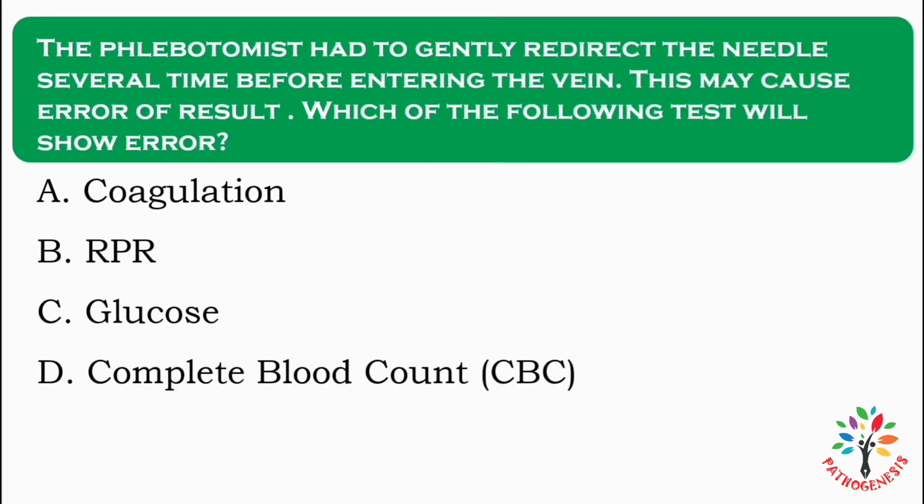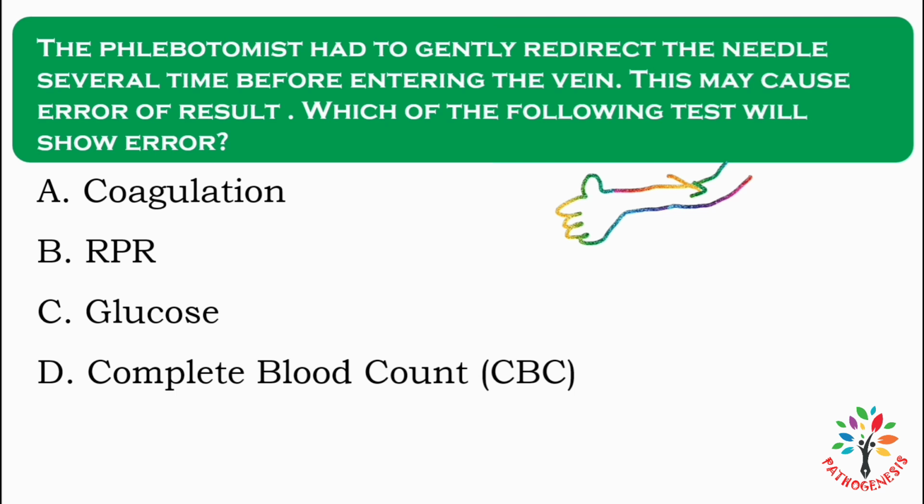Next, the phlebotomist had to gently redirect the needle several times before entering the vein. This may cause error of result. Which of the following tests will show error? It means while inserting the needle, the phlebotomist was not able to find the vein properly, so he tried several times to enter the vein, then finally he got the vein.